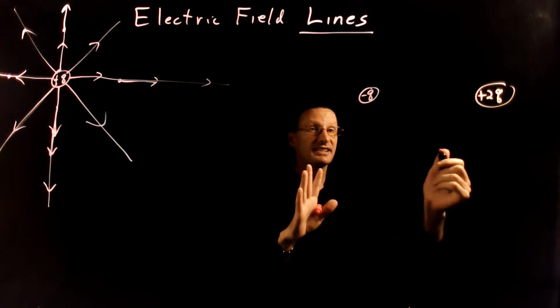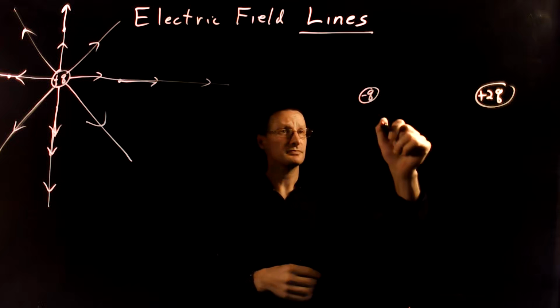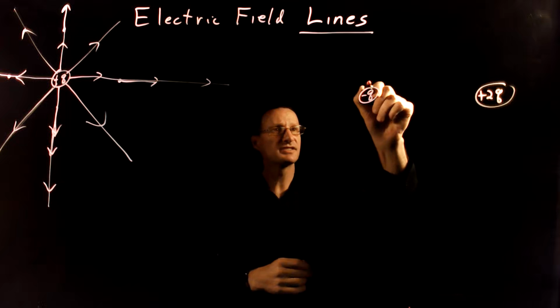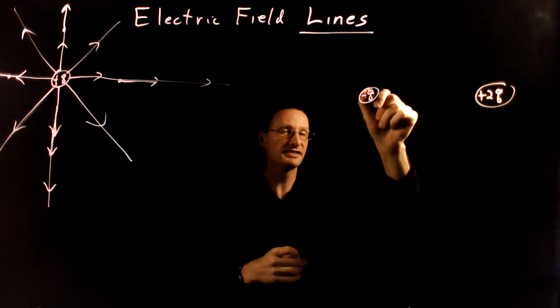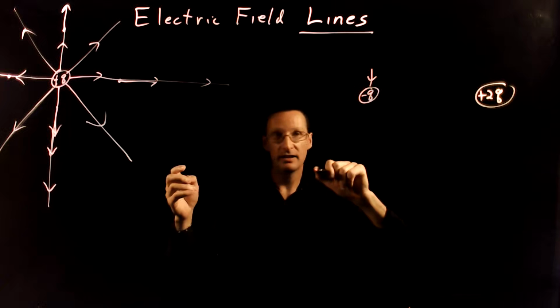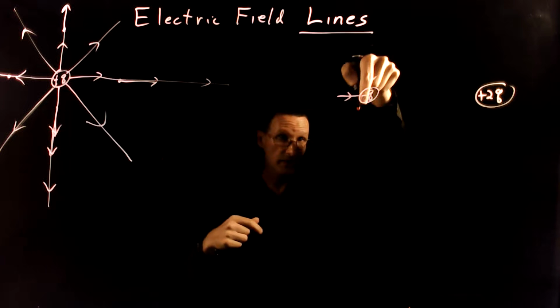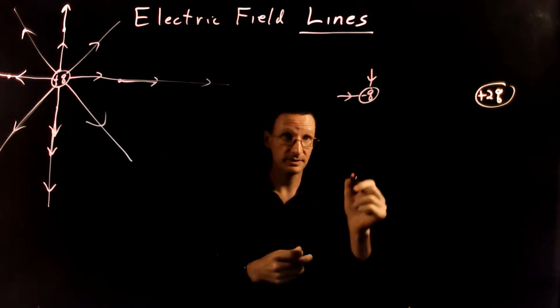We can use this idea in a bit more precise fashion if we look at different charges. So let's say this charge is a negative charge. Well, it is a negative charge. And so the electric field vector is going to point inwards, because electric field lines point towards the negative charge.